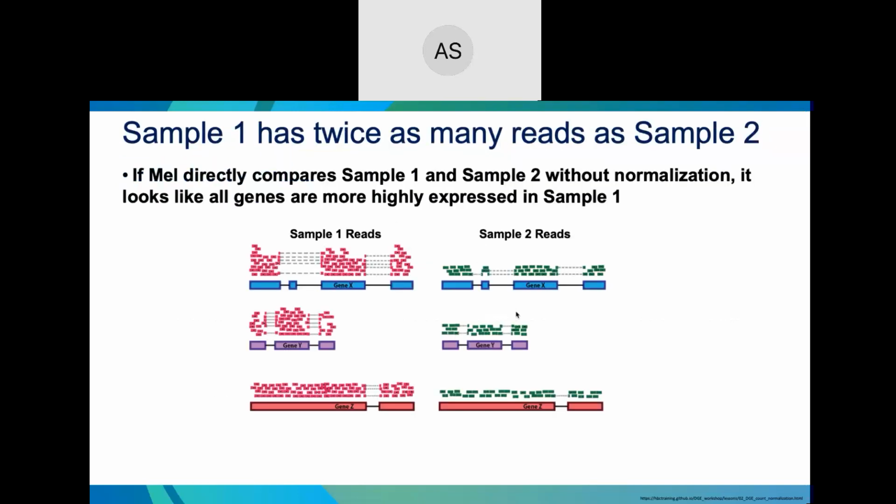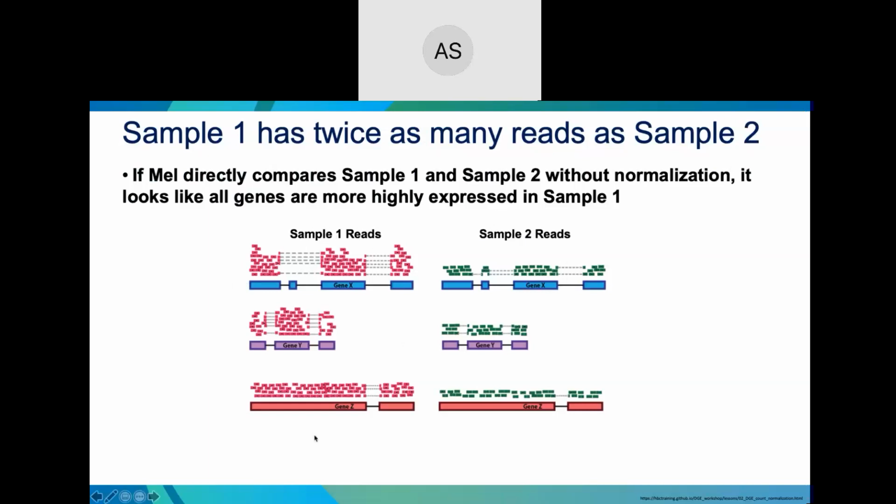Then if you want to combine those 4 samples with those 6 samples and do some analysis, you'll run into a situation where you could have, for example, twice as many reads in one sample as in another sample. We have a cartoon here illustrating this particular situation. Let's say this happened in Mel's experiment. If Mel directly compares sample 1 and sample 2 without any normalization, it'll look like all genes are more highly expressed in sample 1.